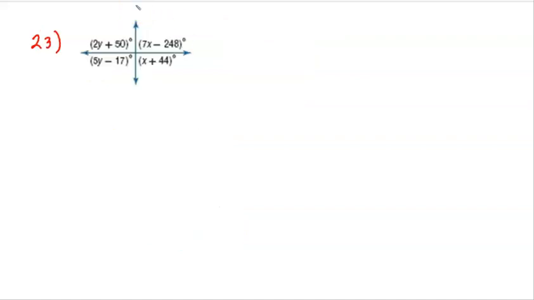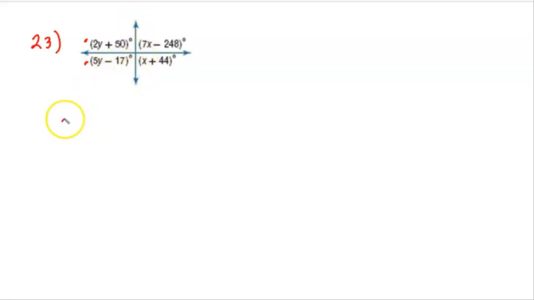All right, and then we come to number 23, and this looks like an interesting problem. So I'll solve for Y by adding these two expressions together to equal 180 degrees.